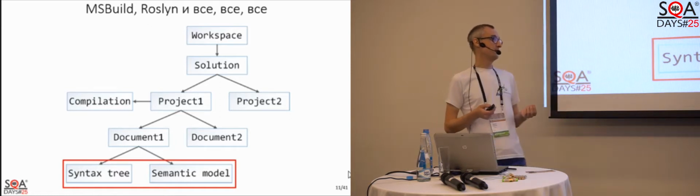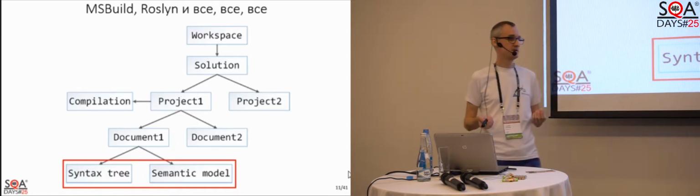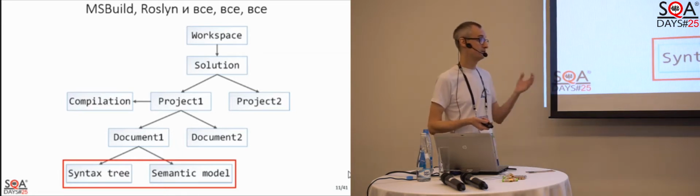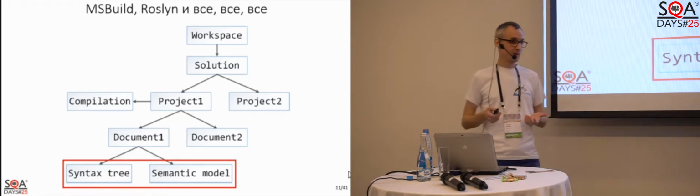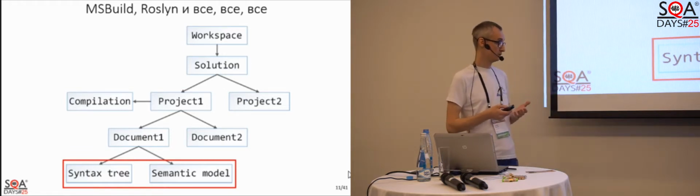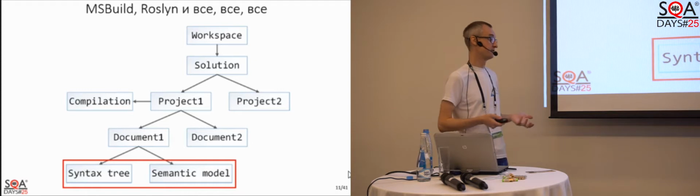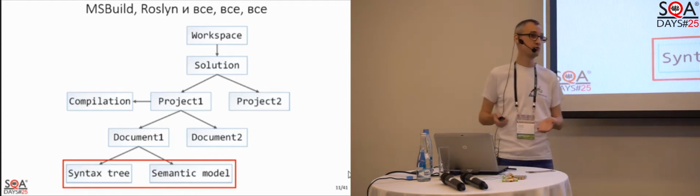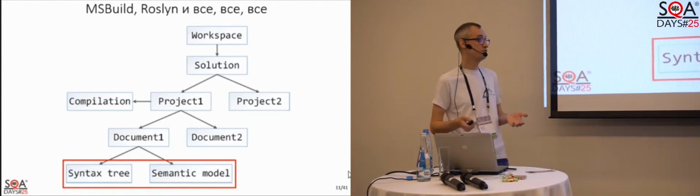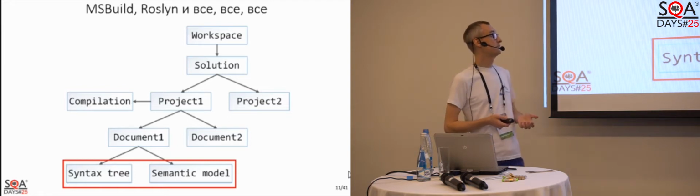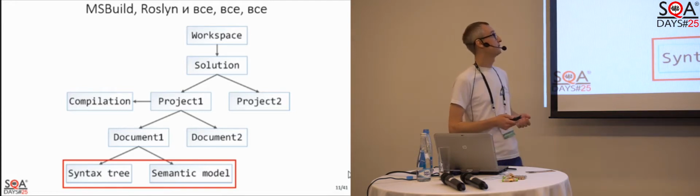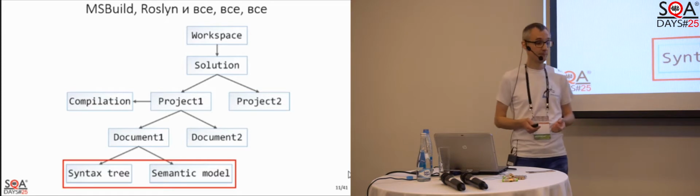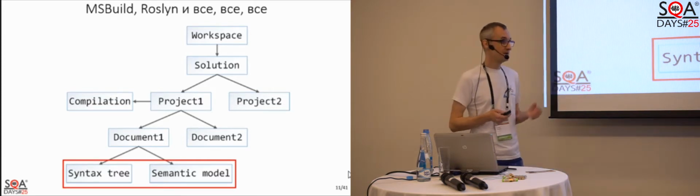In order to analyze any document, and under the C# documents, we understand the simple basic code document. We need to apply this information. Documents make up a project, and projects make up a solution. If you work with Visual Studio, you use the same approach. Important to note here that we see a certain spin-off from the project, the so-called compilation.